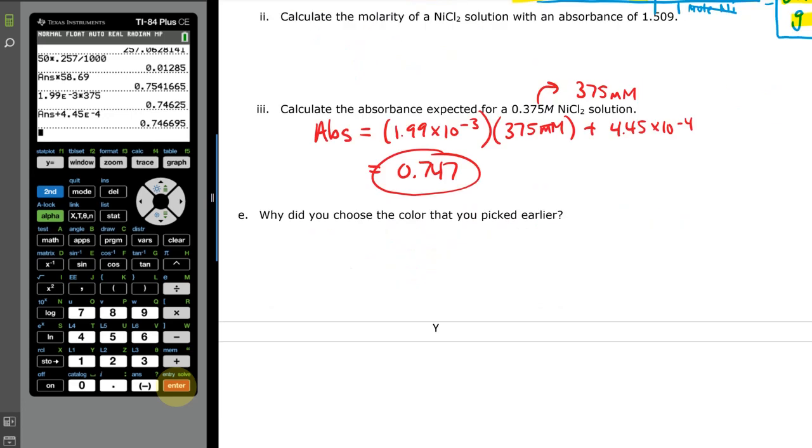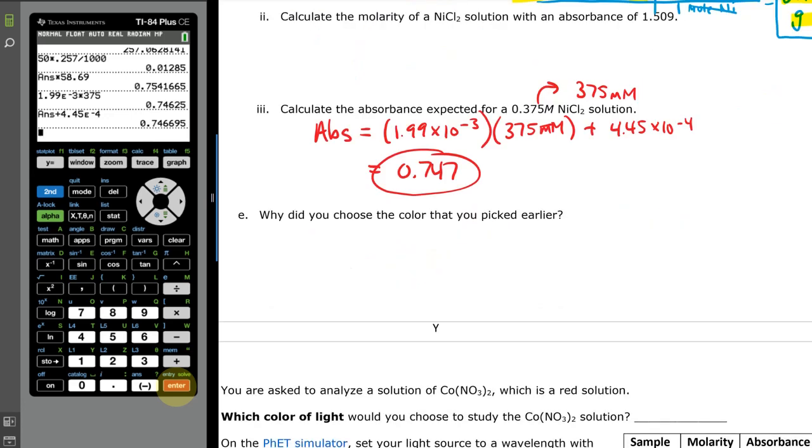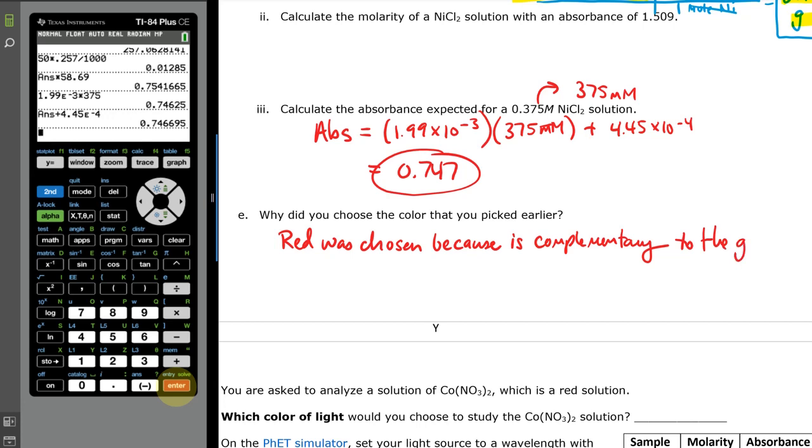One last question here isn't mathematical at all. It simply asks, why did you choose the color that you picked earlier? Remember, we picked red. We chose red because, as you remember, red is complementary to the green solution. Complementary, not as in saying nice things about it, but the opposite color, and so least like it.